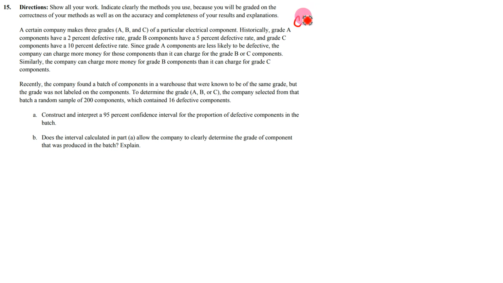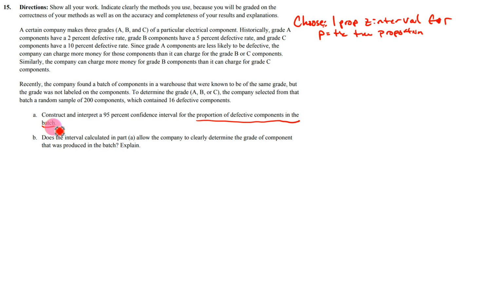So here we go again. Choose one prop Z interval, or 1-PropZInt, as the kids say, for p, the true proportion of defective components in the batch.